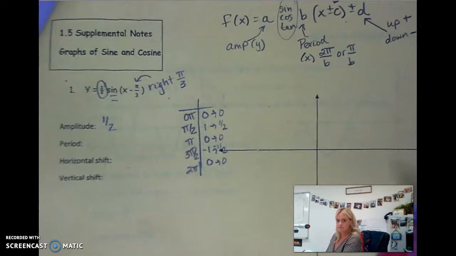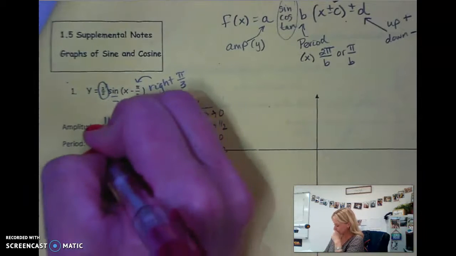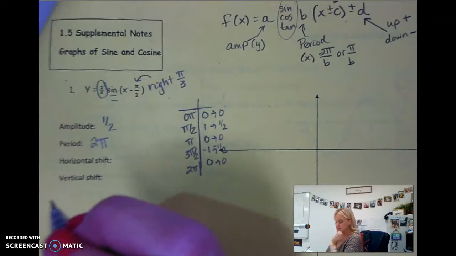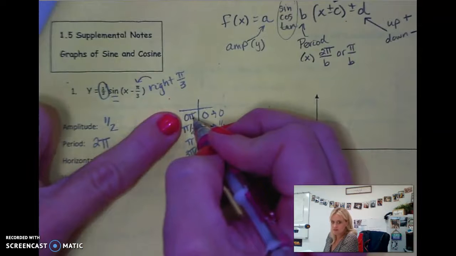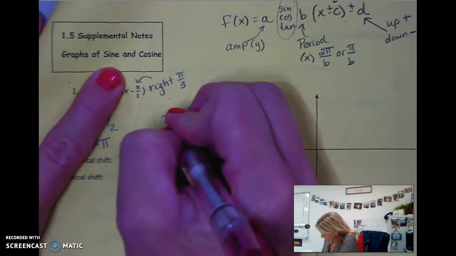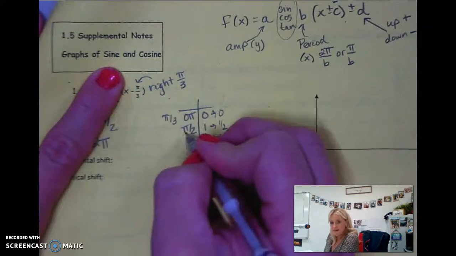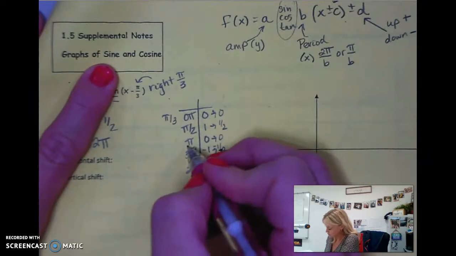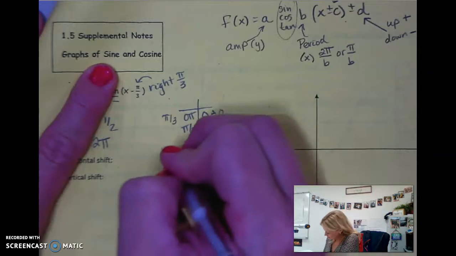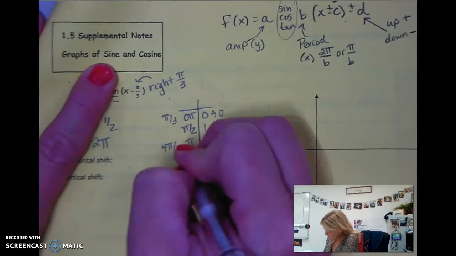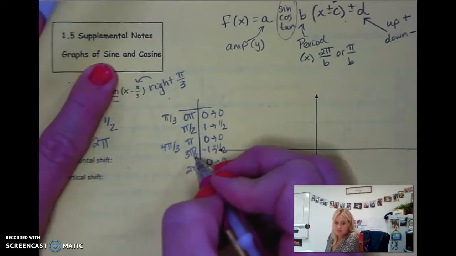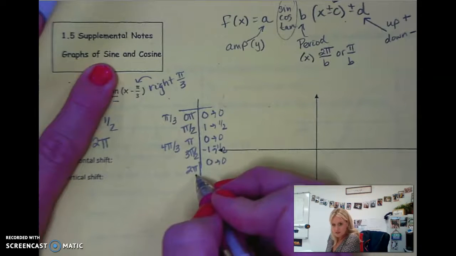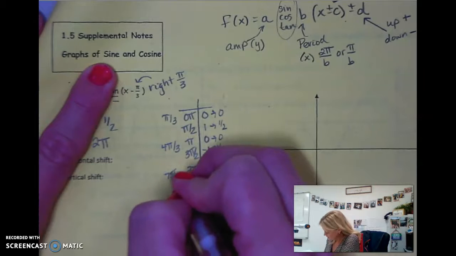Okay? Now, the period did not change, so that's still 2 pi. However, I have to shift everything 1/3 of the pi. So it's like adding 1/3 to everything. So 0 plus 1/3 is 1/3. 1/2 plus 1/3 gets a little bit more complicated, so we can come back to that. 1 plus 1/3 is 4/3 of a pi. 3/2 plus 1/3 is a little bit more complicated, but 2 pi plus 1/3 is 2 1/3 pi, or 7 pi over 3.